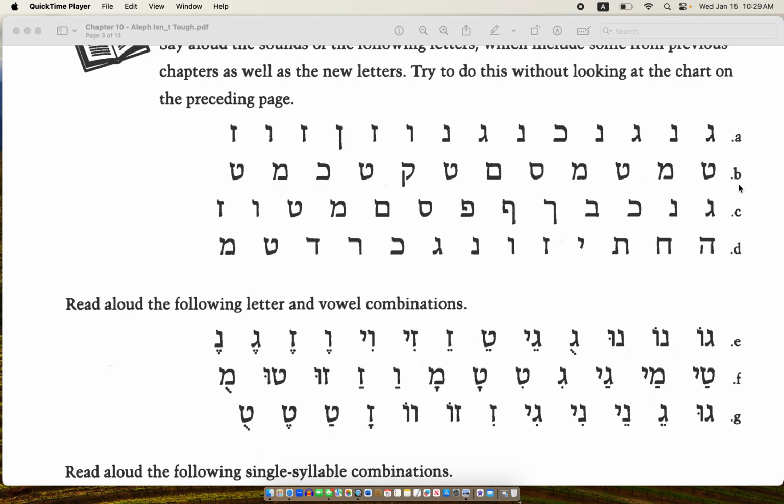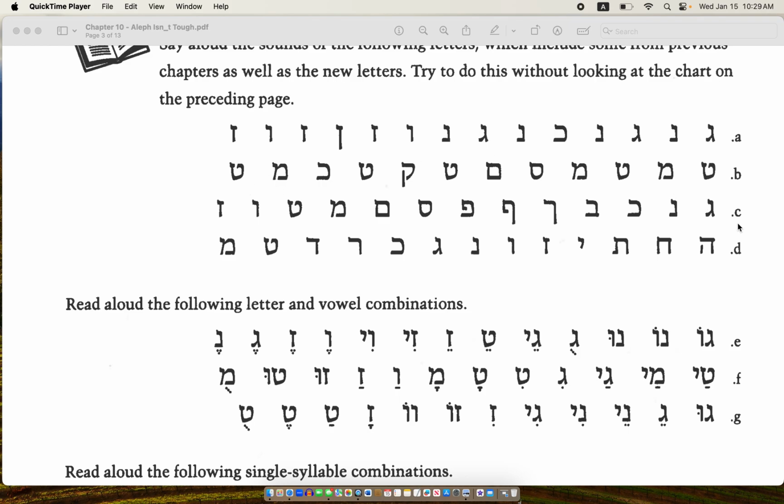Line B. Tet, mem, tet, mem, samech, final mem, tet, kuf, tet, chaf, mem, tet.